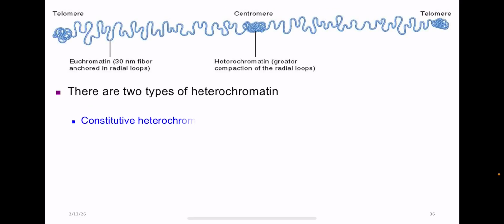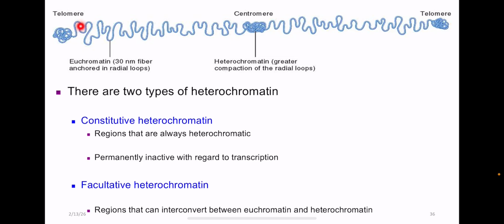There are two forms of the heterochromatin. We have constitutive and facultative. Constitutive is heterochromatic regions that are permanent. They are always heterochromatic. That means they are permanently inactive. But for the facultative, they can change between euchromatin and heterochromatin.